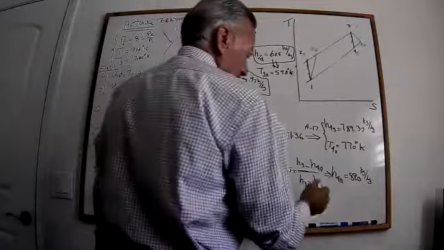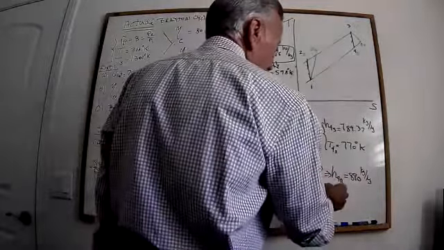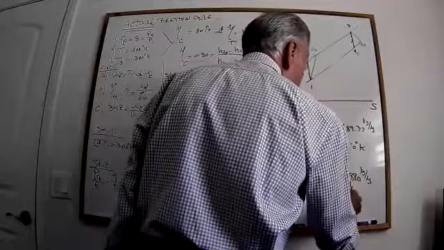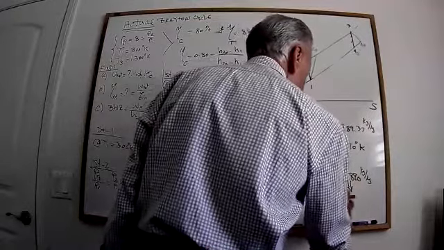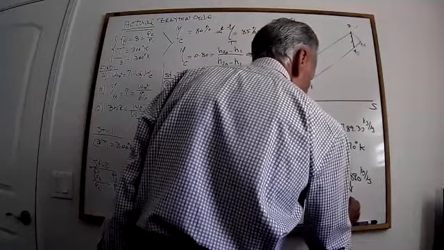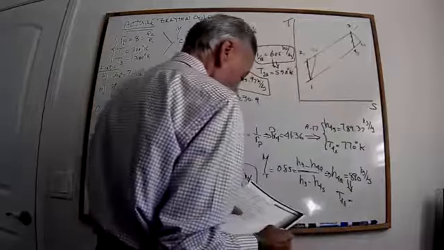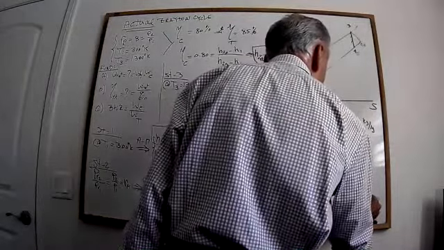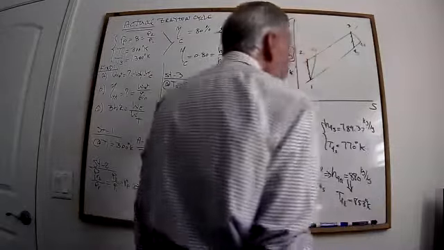Again, if the problem asks you to find T4A, I have to go through the table and find the value of T4A. I cannot do it any other way. The corresponding value for that would be 853 degrees Kelvin.